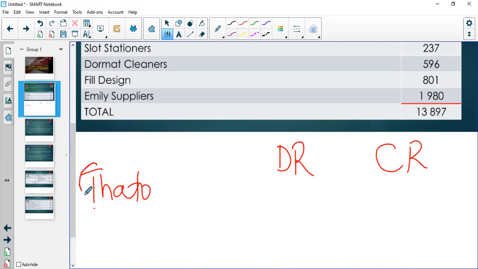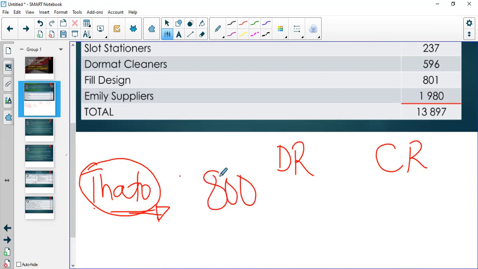We go to the customers, we open Tato's account, and we make an entry that says we sold to Tato for 800. This is in the sales journal. The entry is made in the sales journal, so we just put an entry of 800 under Tato's name.